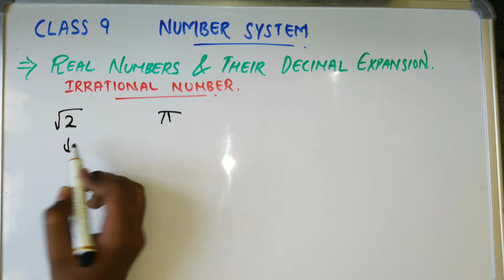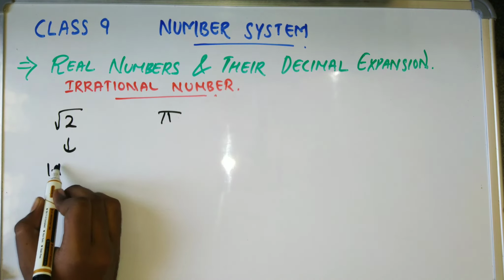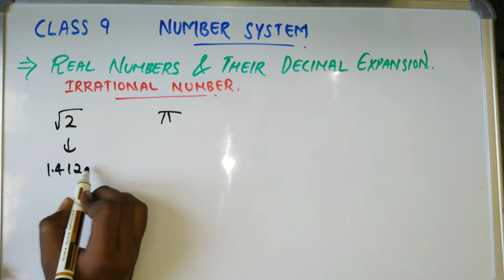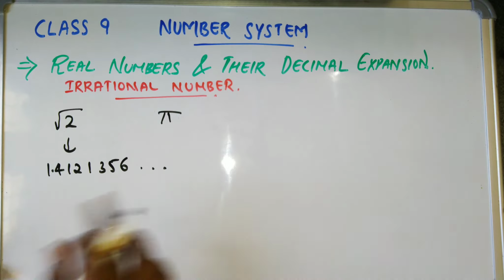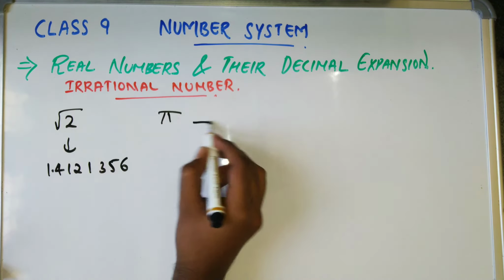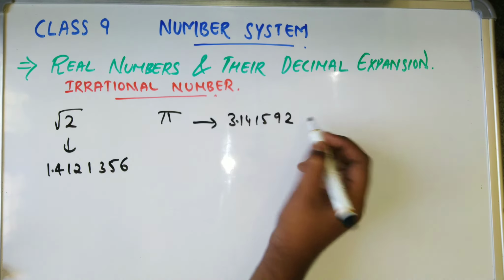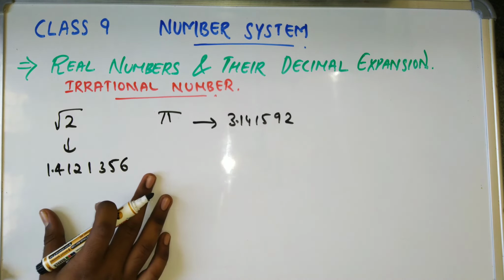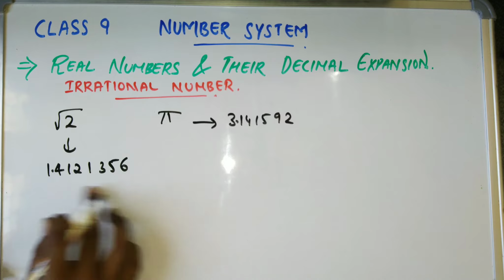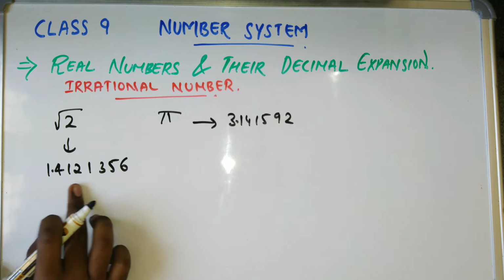The decimal expansion of root 2 is around 1.4121356, and so on. For pi, we know it is 3.141592, and so on. Some more values are there. Here the numbers are not repeating.